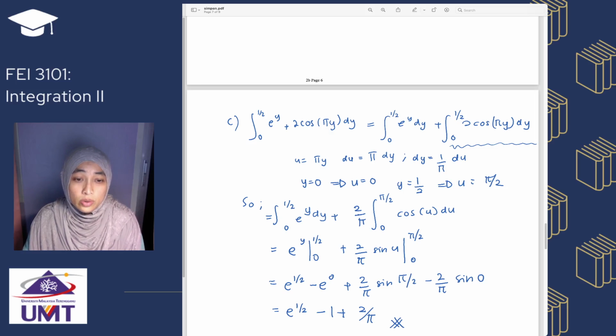The integration of cos u is sin u, so put sin u here as the range from 0 to pi over 2, and then complete it one by one. You'll get e to the power of half minus 1 minus 2 over pi. Okay, you need to complete this. 2 over pi sin pi over 2 is what? And negative 2 over pi sin 0 is what? Okay, students?